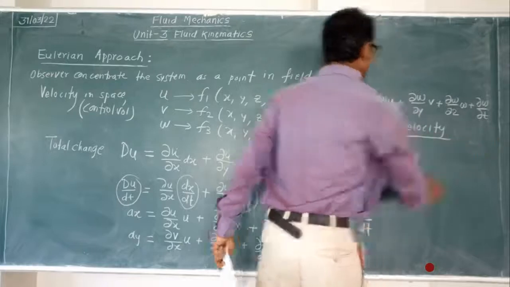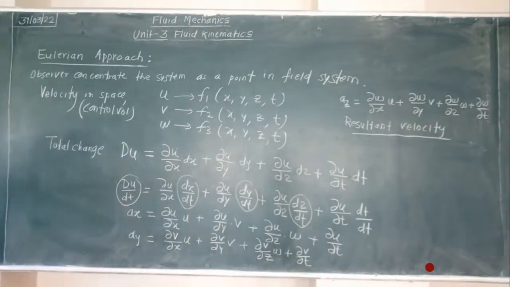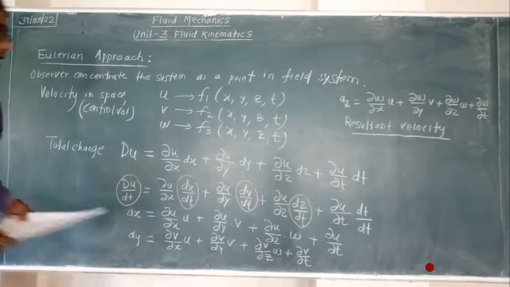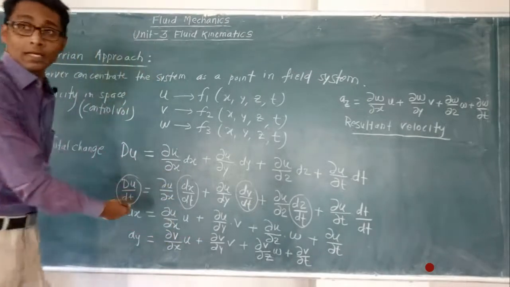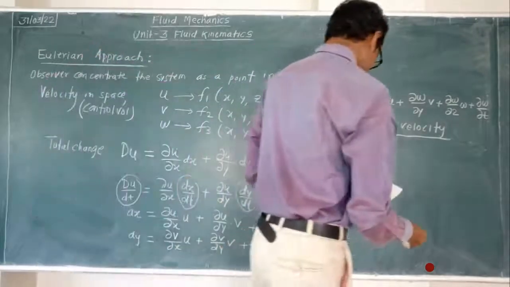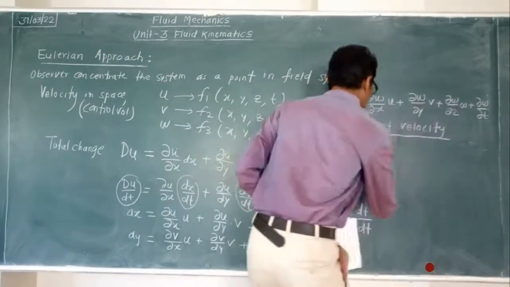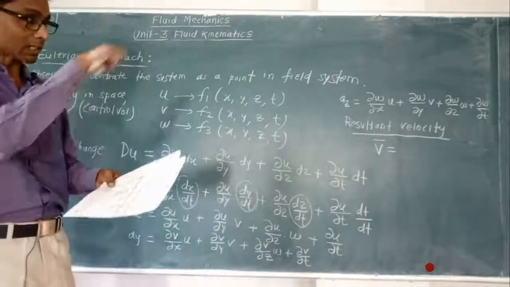In this case, for resultant velocity the function comes as a vector. As here we are dealing with change in the form of partial differentiation, that is why we write this resultant velocity as a vector. That is why the bar came.